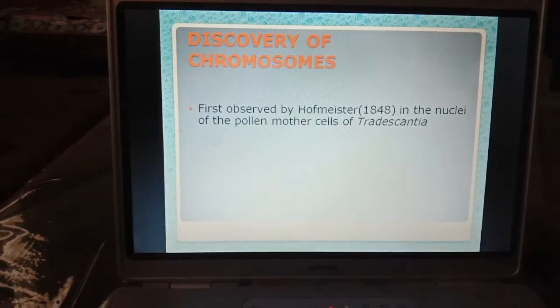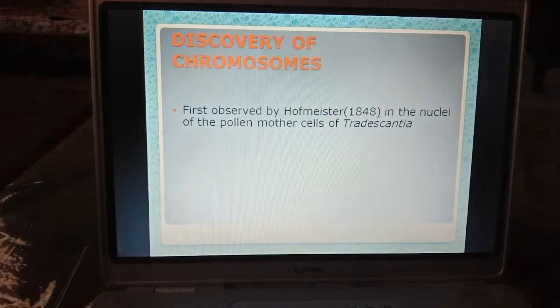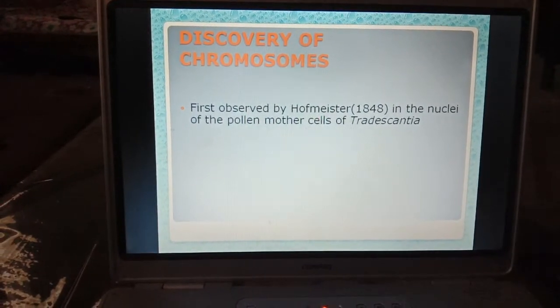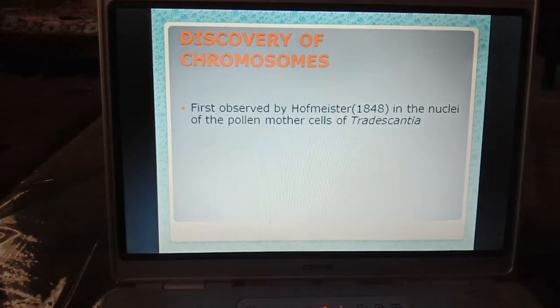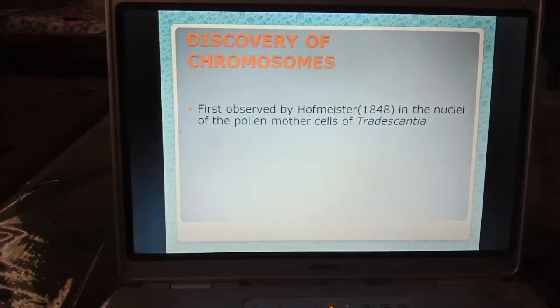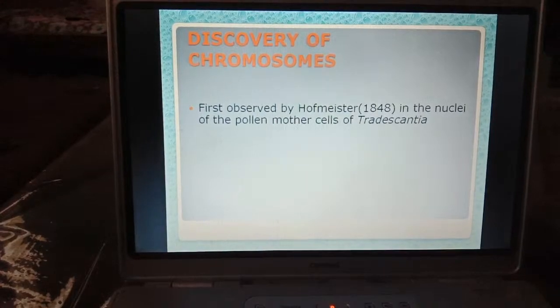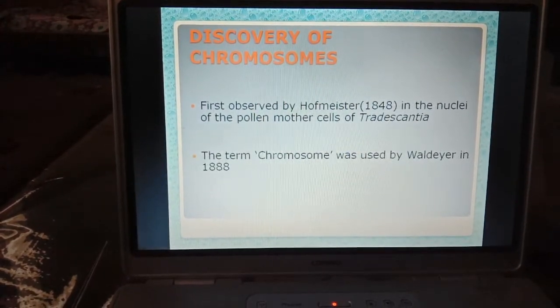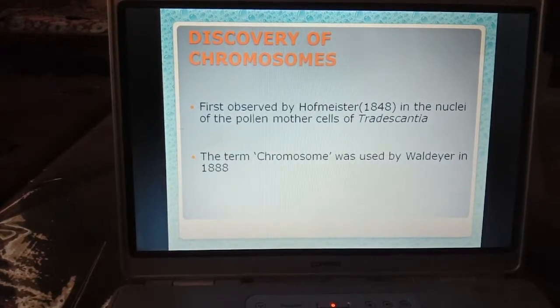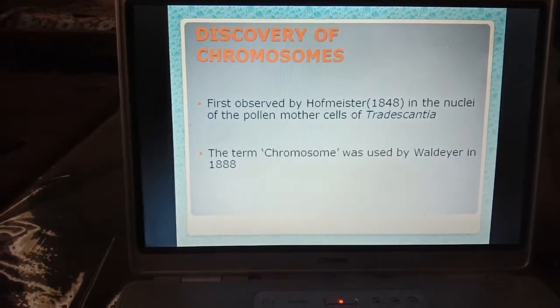Chromosomes were first observed by Hofmeister in the year 1848 in the nuclei of pollen mother cells of Tradescantia. I had shown you the Tradescantia plant also today. The term chromosome was used by Waldeyer in the year 1888.